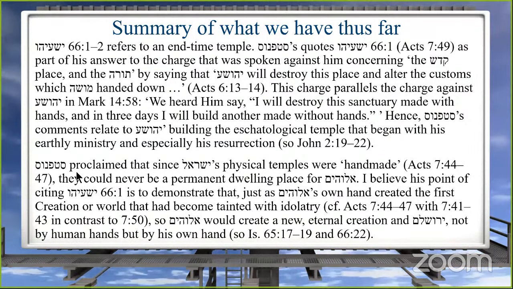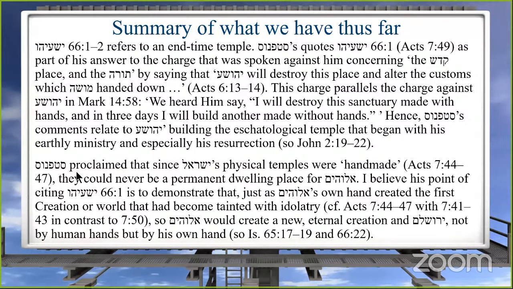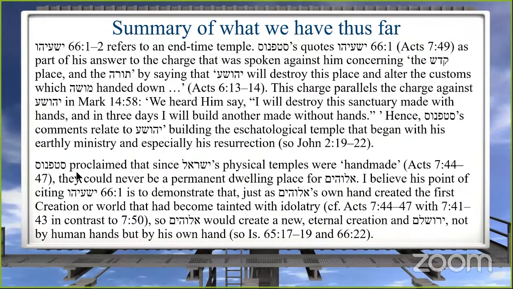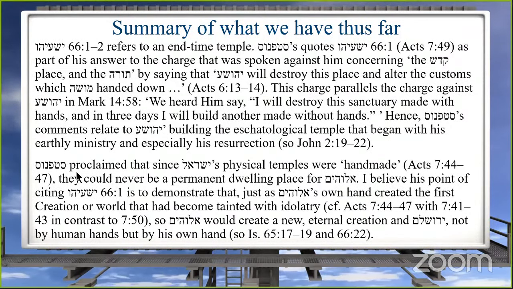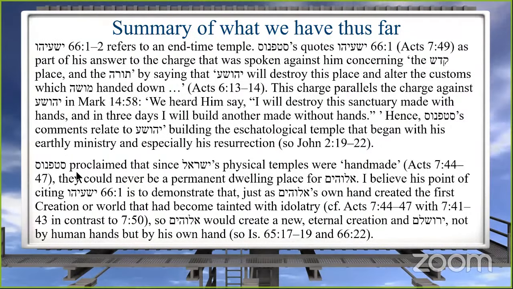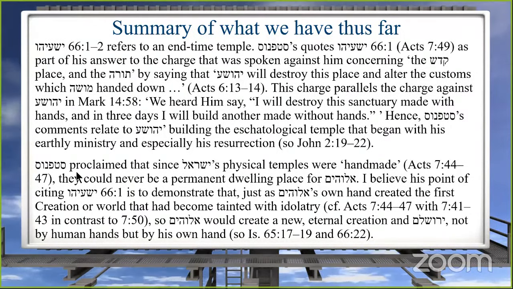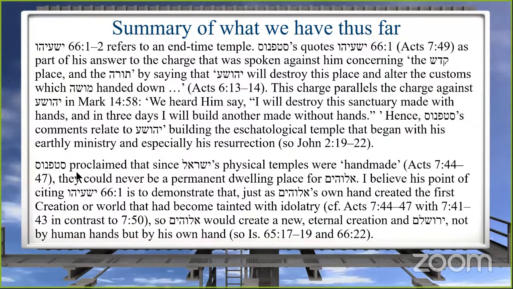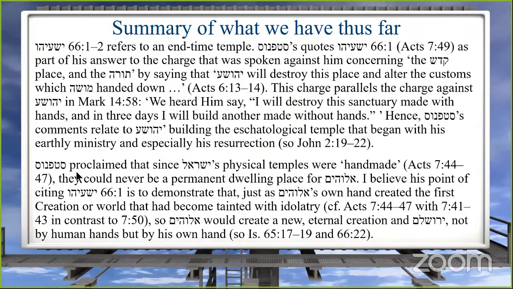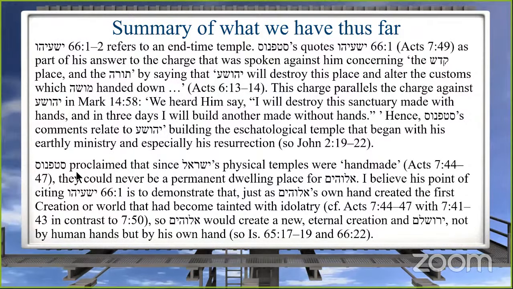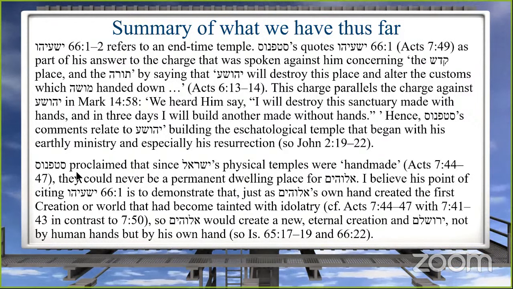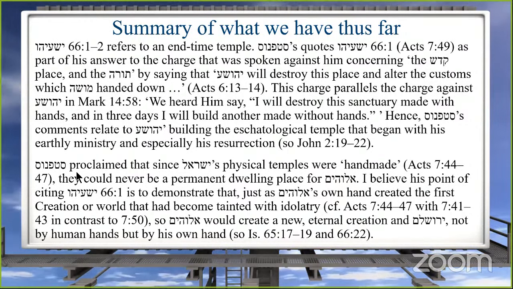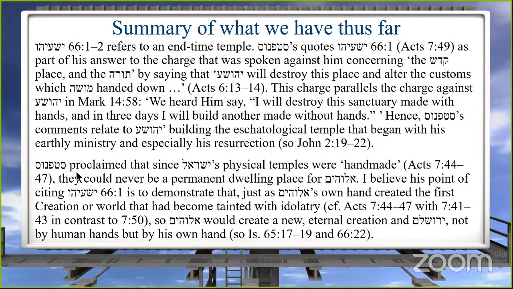I believe his point in citing Isaiah 66:1, or Yeshayahu 66:1, is to demonstrate that just as Elohim's own hand created the first creation, the world that had become tainted with idolatry, so Elohim would create a new creation in Jerusalem, not by human hands, but by his own hands. Not made with whose hands? Again, we'll talk about more of this next week.